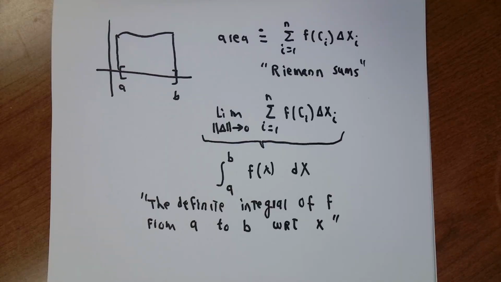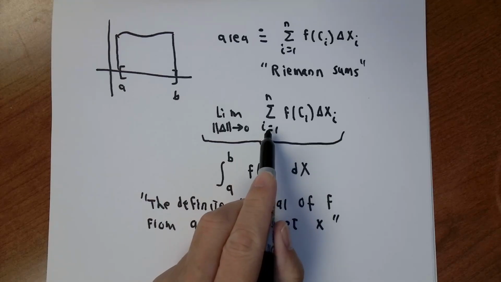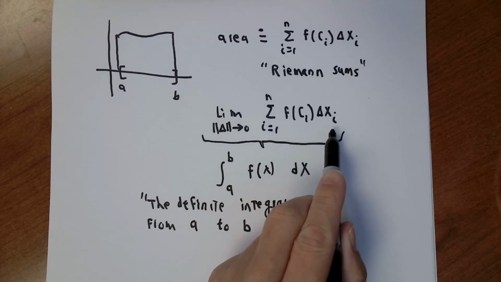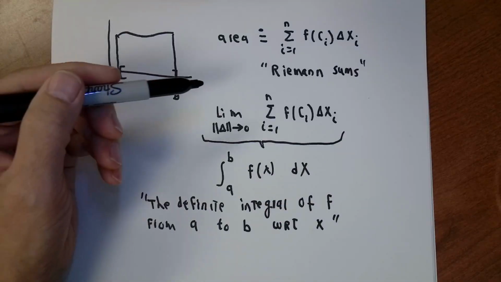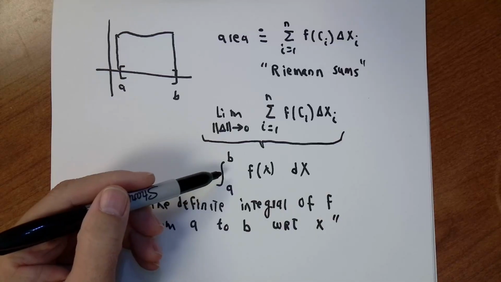Anytime I have a limit, as some norm of partition tends to 0, of the sum of some expression that involves one of the values of the independent variable within chunk number I times how big chunk number I is, when I see limit of sum, I'm going to write down an integral sign.